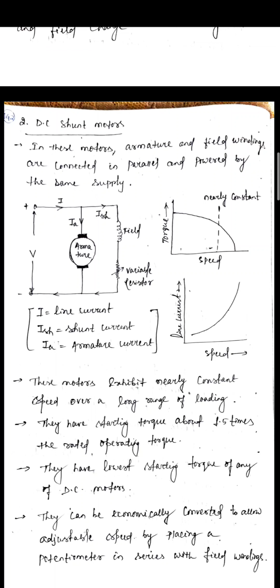They have a starting torque of about 1.5 times the rated operating torque, and they have the lowest starting torque of any of the DC motors. They can be economically converted to allow adjustable speed by placing a potentiometer in series with the field windings. Clear? So this is your DC shunt motor.